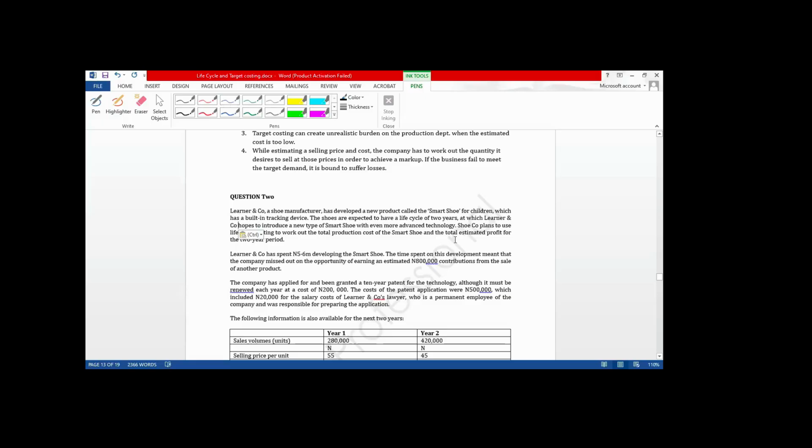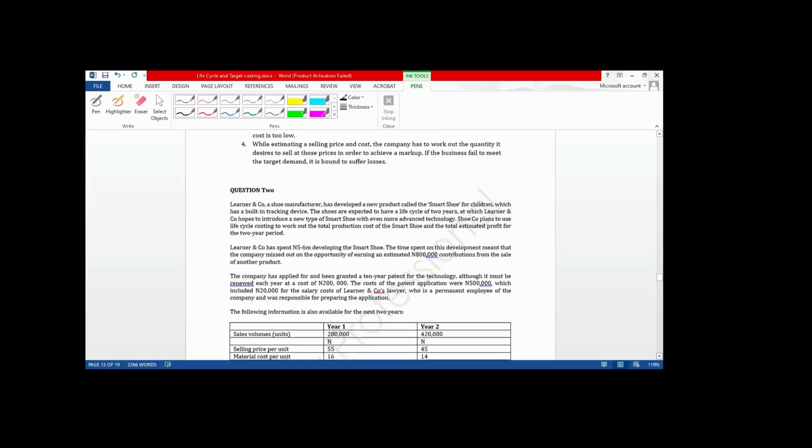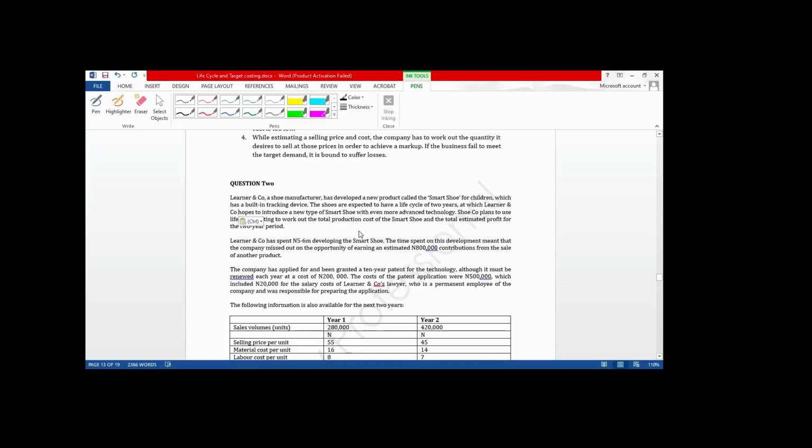Learners and Co plan to use life cycle cost to work out the total production cost for the smart shoe and the total estimated profits for the 2-year period. Okay, no problem.